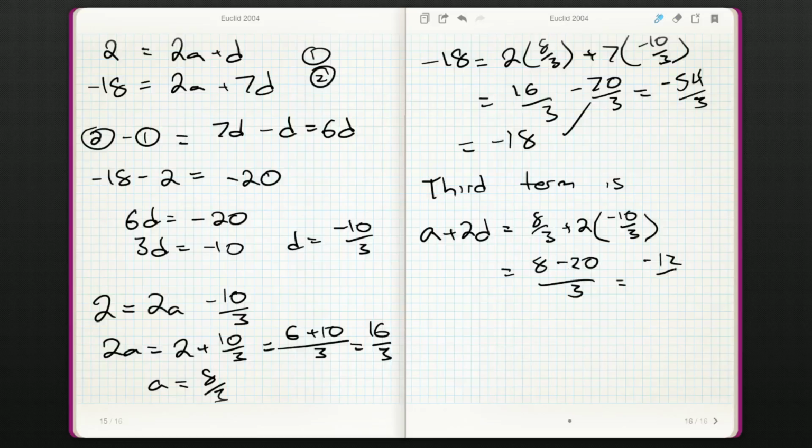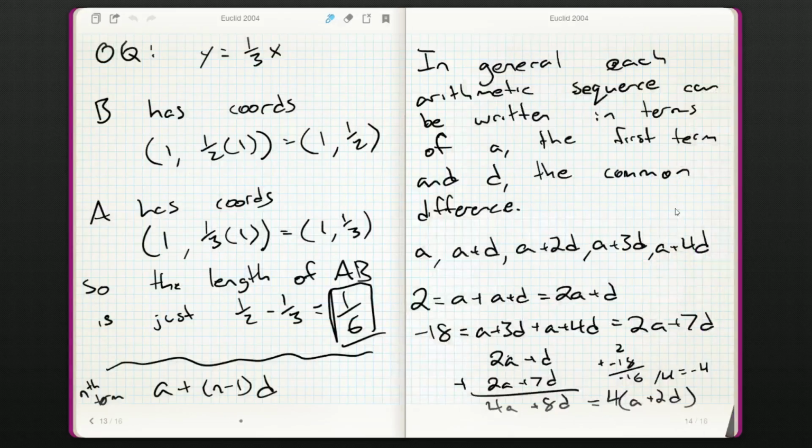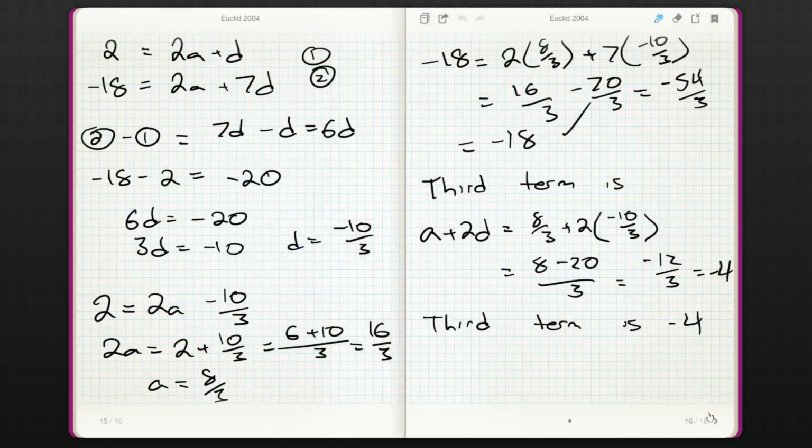But that's negative 12 over 3, so we get negative 4. Just as we did on the previous page when we did the shortcut. We could have just divided by 4 and everything's fine. That was a nice quick shortcut, and it actually avoided these fractions that even made me second guess myself. But however you did it, minus 4 is our answer.